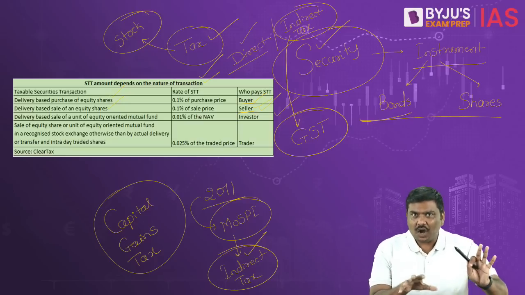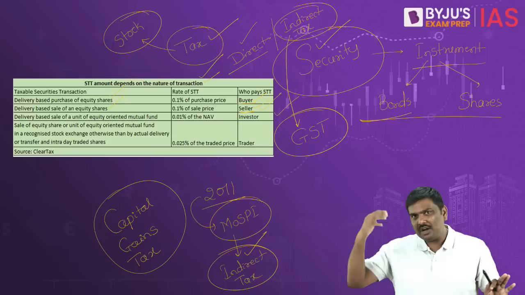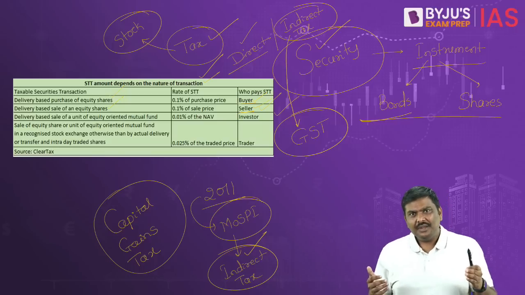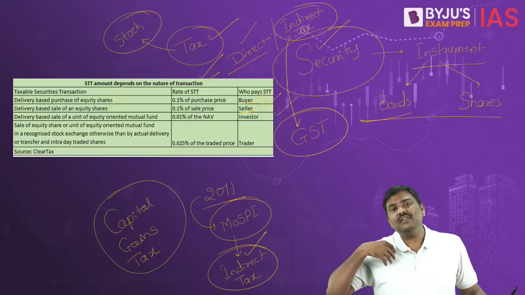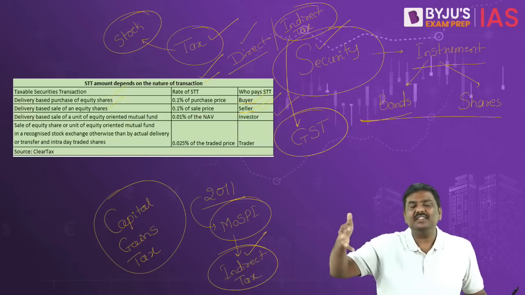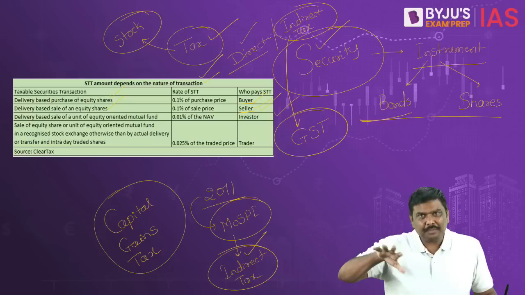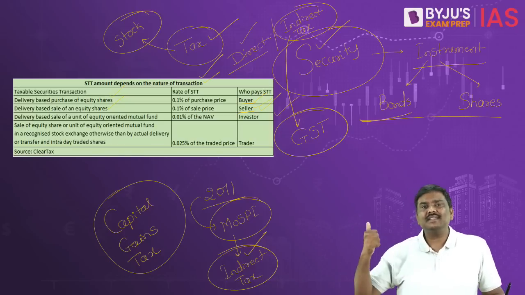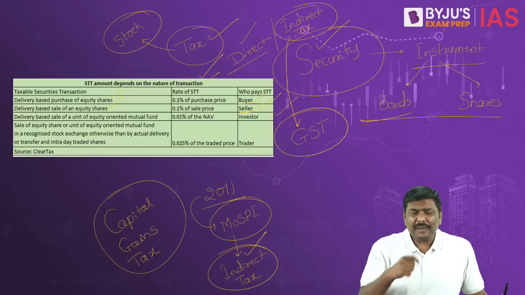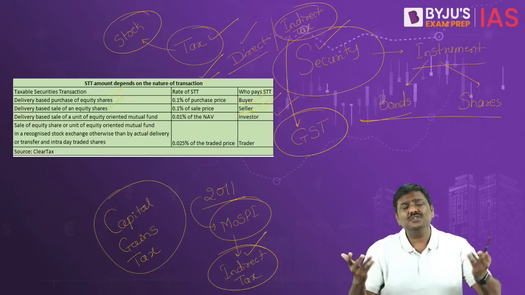But let's say a stock market or a broker or a mutual fund unit, when they conduct or facilitate these kinds of transactions in the market, do you think a mutual fund manager will pay the money from their pocket? Or a stock market such as NSE and BSE will pay the money from their own pocket? Of course not.